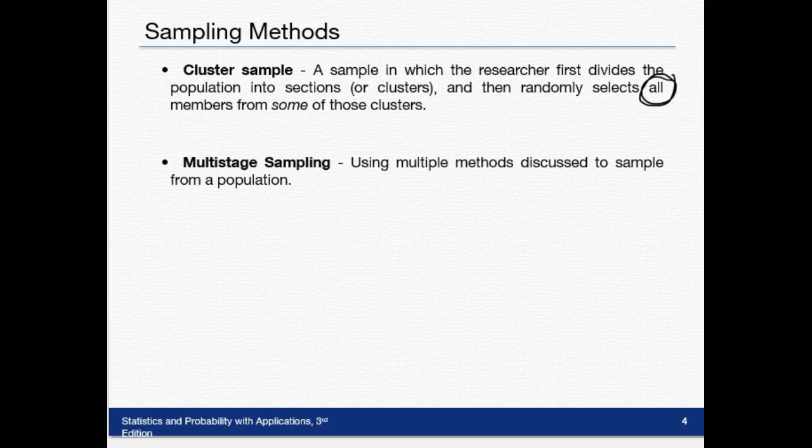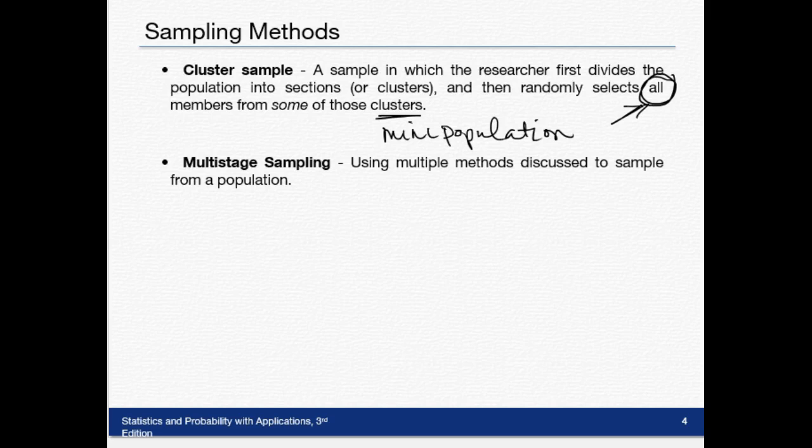Each of the little groups, or clusters, is like a mini version of the population, and they usually are geographically close to one another. Like if I wanted to know about middle school students, if I picked a middle school and sampled everybody in that middle school, that would be a cluster of middle school students. But the key thing is when you pick your cluster, then you have to sample everyone in it. Not just 5 or 10, but everyone in it.